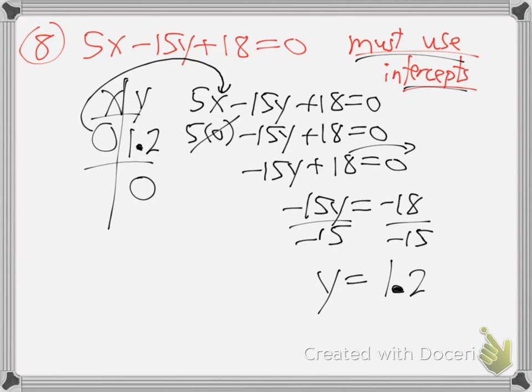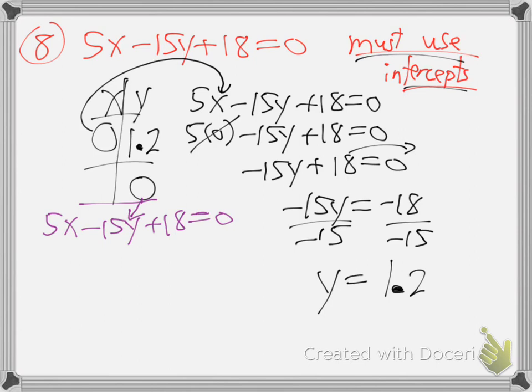So, and now we got to do the other side. Now we got to start again with the equation. The 5x minus 15y plus 18 equals 0. And now we put the 0 in for y. See how the 0 is on the y side in the second case?